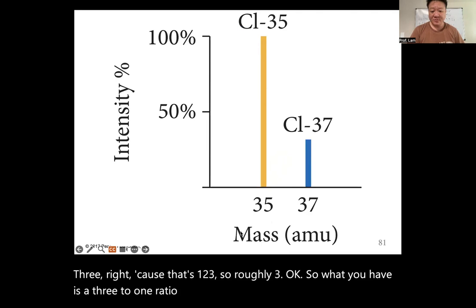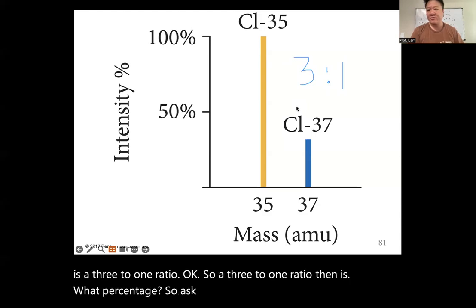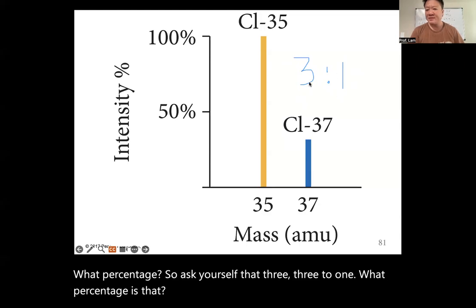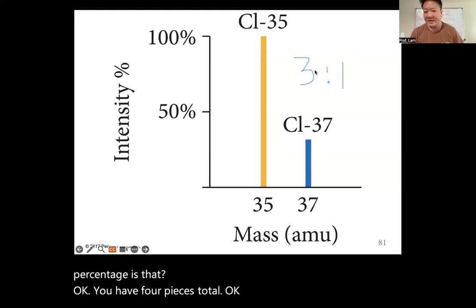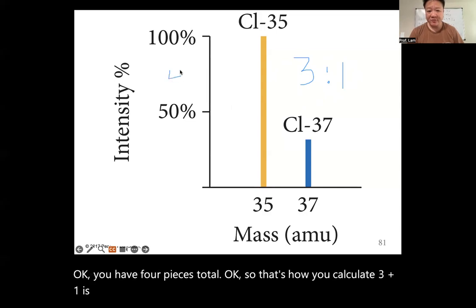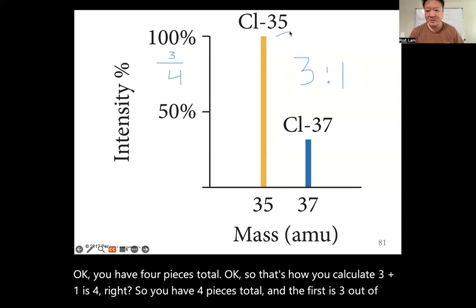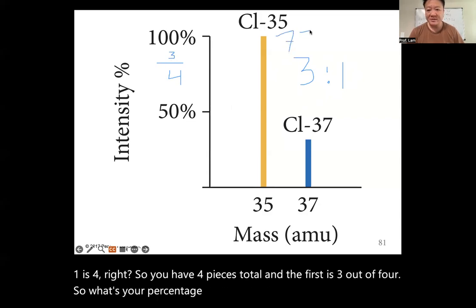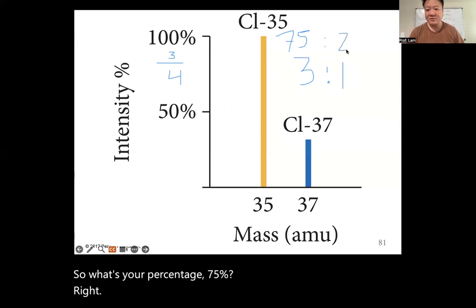So a 3-to-1 ratio then is what percentage? Ask yourself that. 3 to 1, what percentage is that? You have 4 pieces total. That's how you calculate it: 3 plus 1 is 4, so you have 4 pieces total, and the first is 3 out of 4. So what's your percentage? 75% to 25%.